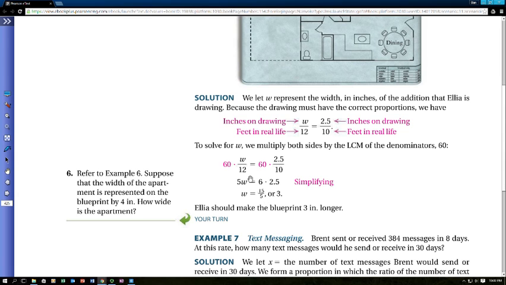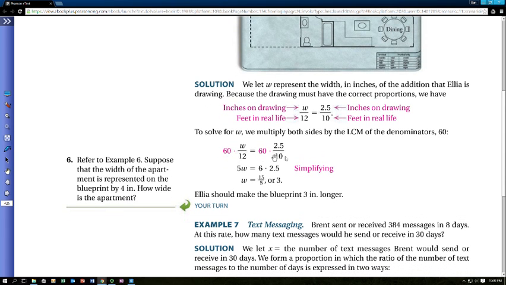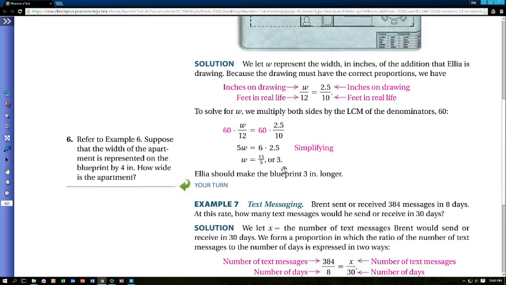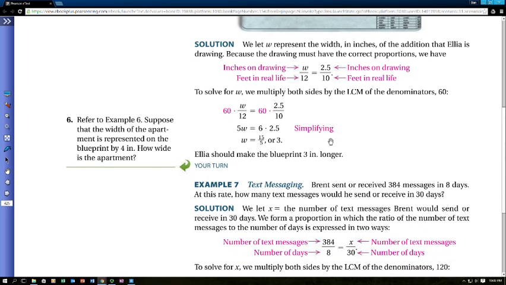Again, I don't think clearing fractions is that important. You're going to end up multiplying by the same stuff. Why not just multiply both sides by 12 and you'll get W, rather than go to 5W and so on? But some of that's just preference, and for some reason the book thinks that's a better problem solving skill that way.